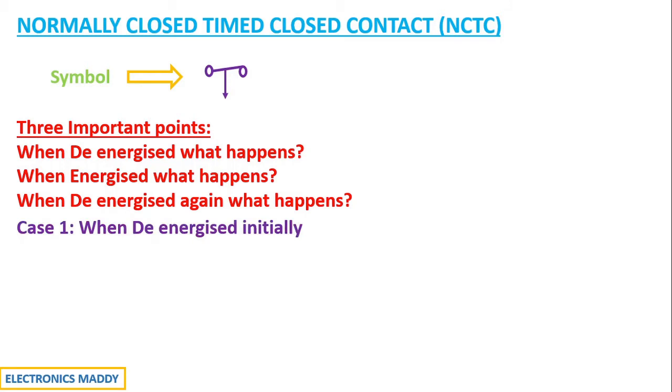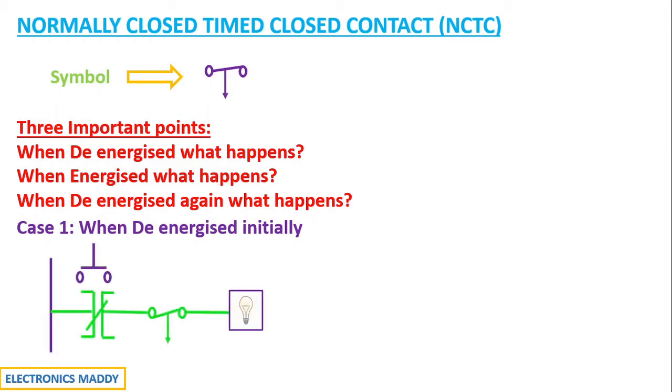At the first place, let us consider case number one. What happens when de-energized initially? I'll be considering a normally closed contact which controls this circuit, and this has no way linked with respect to this contact. This is just for controlling purpose. So now I'm de-energizing initially, in the sense I'm de-energizing this through the push button. For a normally closed contact, when you're not giving any energy to it, it will act as a short circuit, and that is why it is indicated in green.